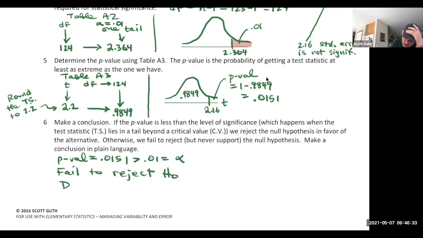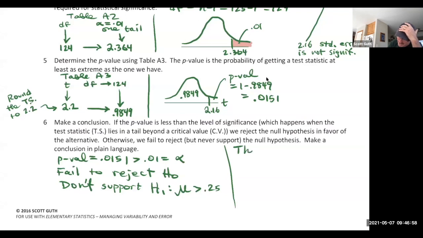Which means we don't support its alternative. Remember, those are opposing claims. So you have to reject one to support the other. So we don't support the alternative hypothesis, which had said that the mean thickness is greater than 0.25 inches. So the data do not support the claim on this level of significance.